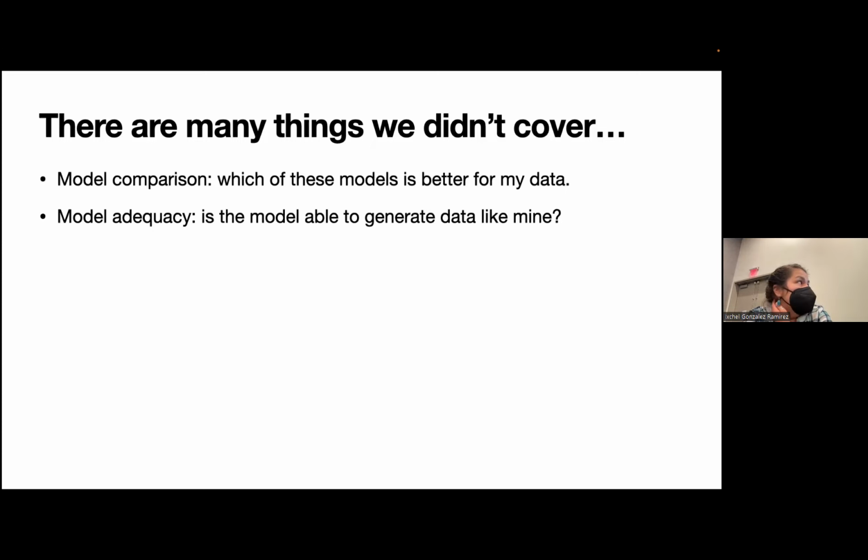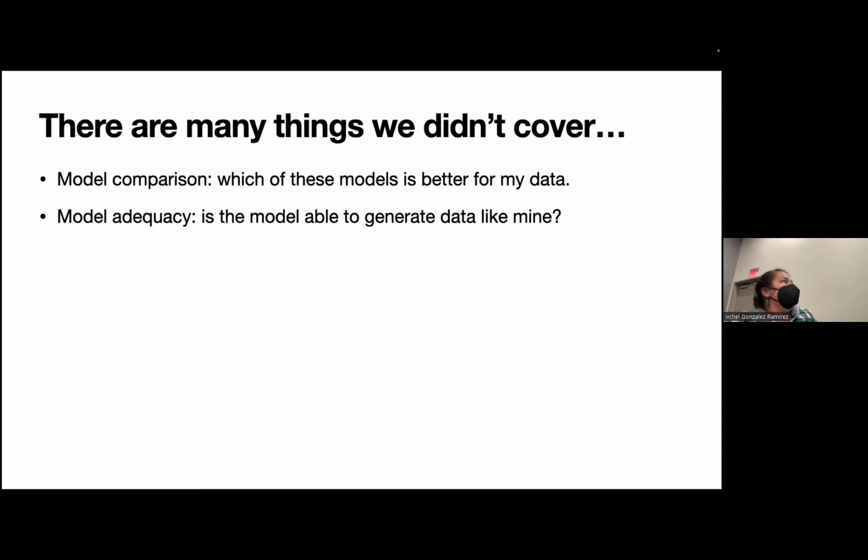But something that is not as commonly talked about is model adequacy, right? So I may have 2 models. I can compare them and say, oh, model A is better than model B, and then I can be happy. But maybe I shouldn't, because what if they are both really bad at giving me the kind of data I have? That's what we call model adequacy, right?